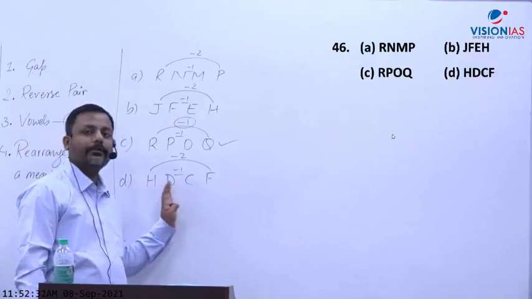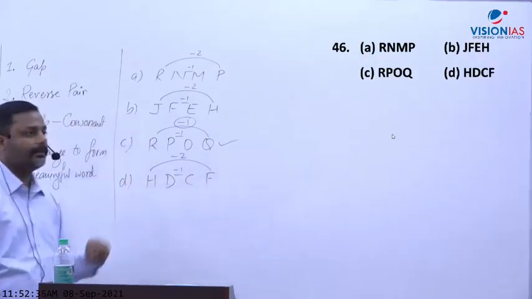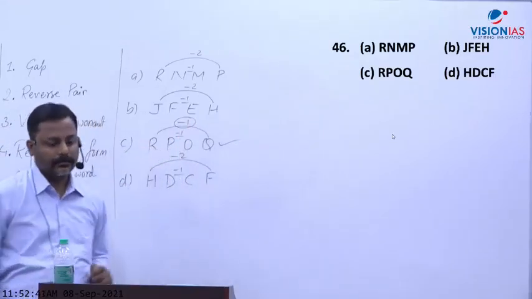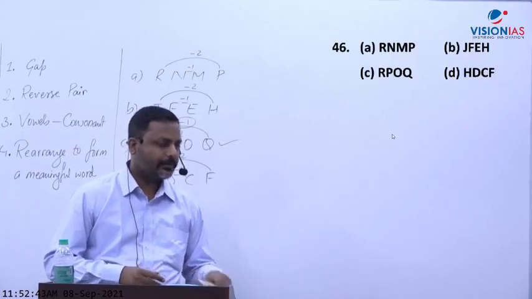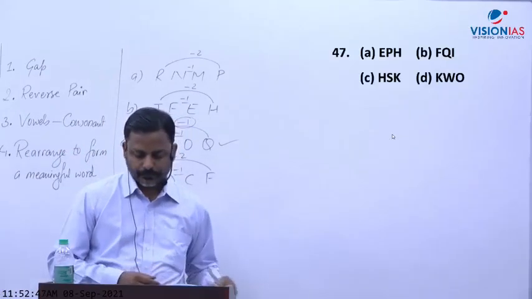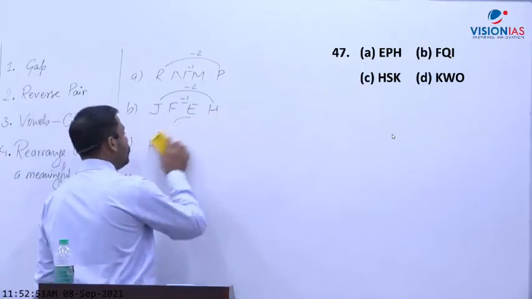Means in the rest of the options, there is a difference of 2 between the first and the last alphabet. But in option C, this difference is only 1. So that's why the answer is option C. Now, question number 47.